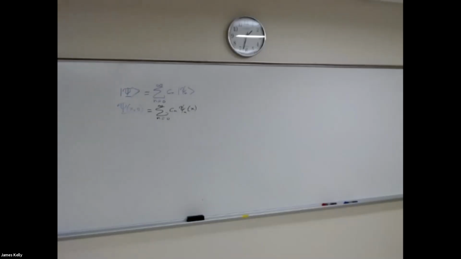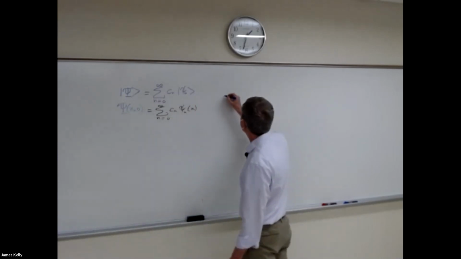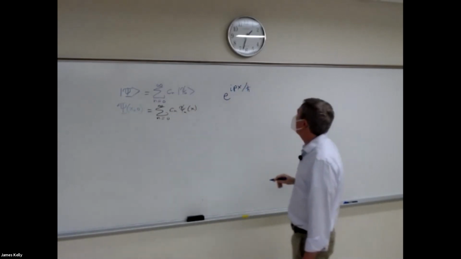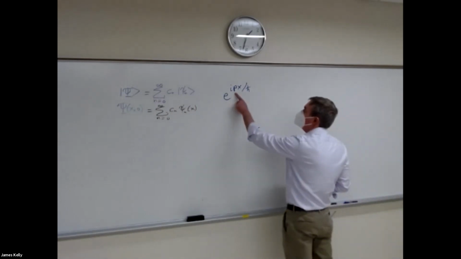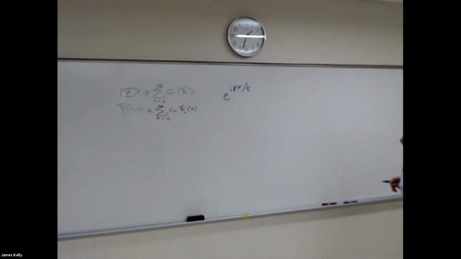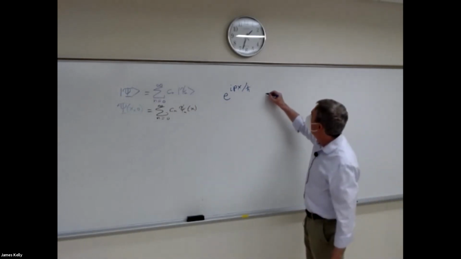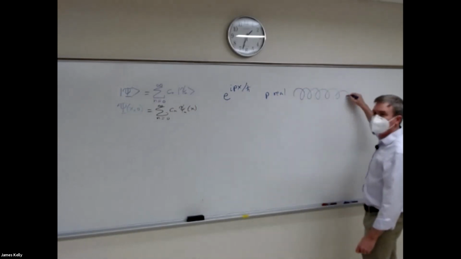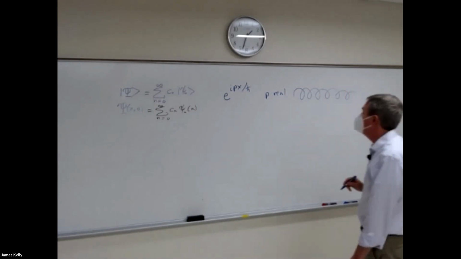If P is not real, we're talking about functions that are like this, e to the i px over h bar. If P is real, then this is oscillatory, right? P is real. We get the behavior looks kind of like this, our old friend, the oscillating complex exponential function.